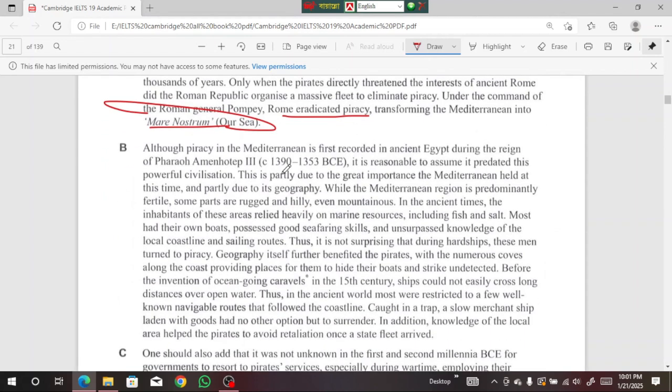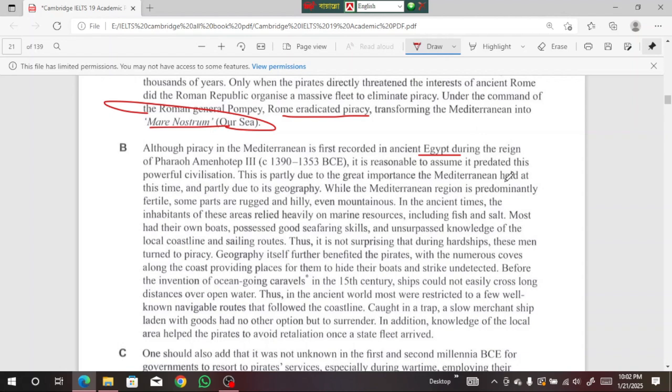Now I'll go through paragraph B. Paragraph B is much longer. It says, although piracy in the Mediterranean was first recorded in ancient Egypt, during the reign of Pharaoh Amenhotep, it likely predated that powerful civilization.